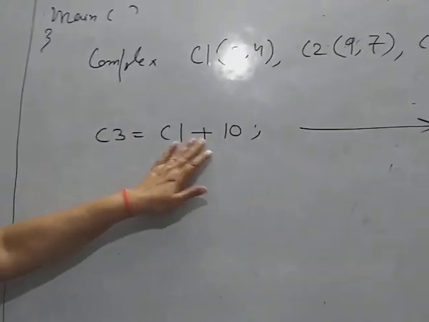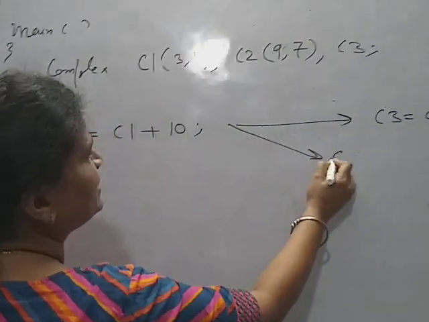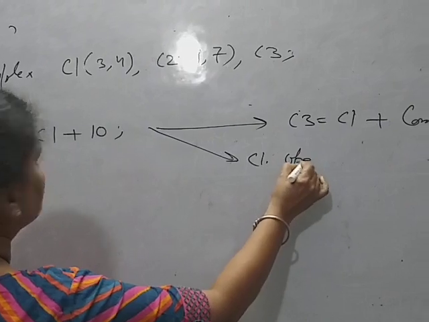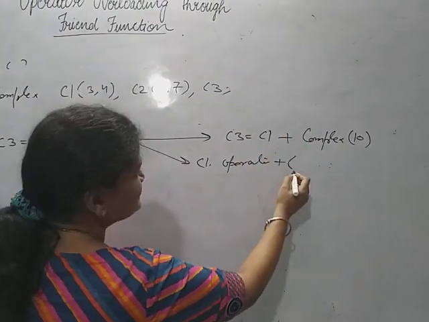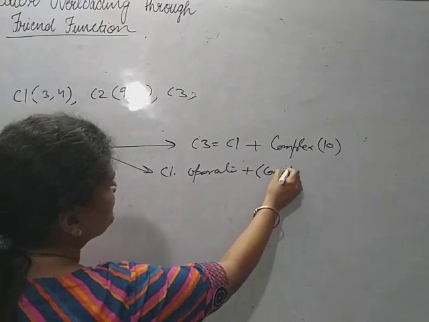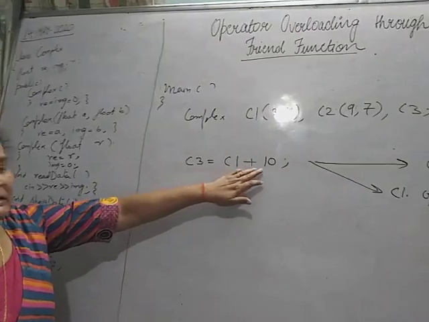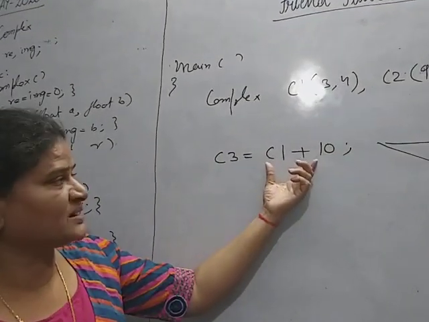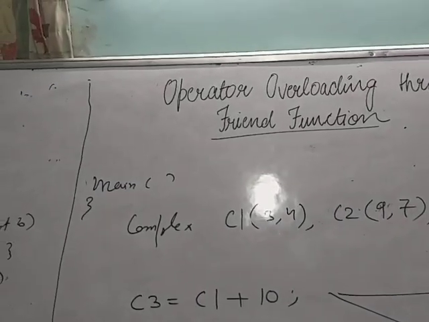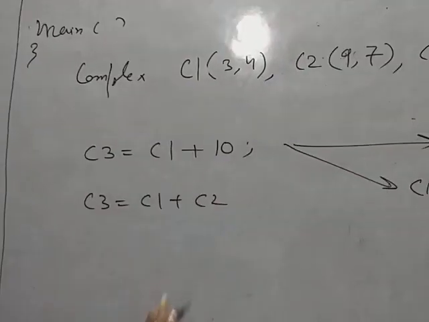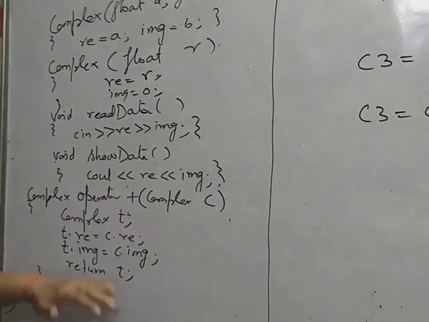After that, the function C1 dot operator plus, taking complex C, will be called. Before that, I could call only C3 equal to C1 plus C2, and that definition of overloading of plus would be called.